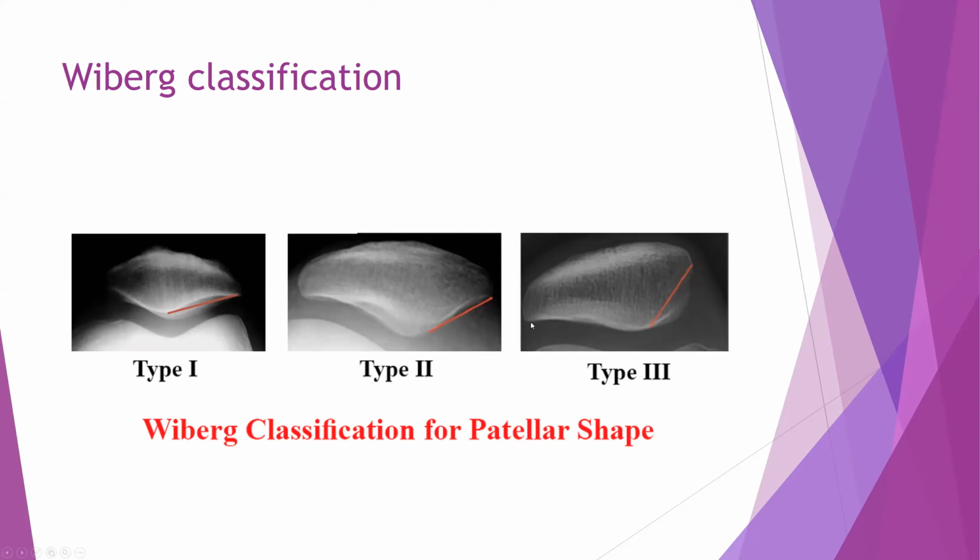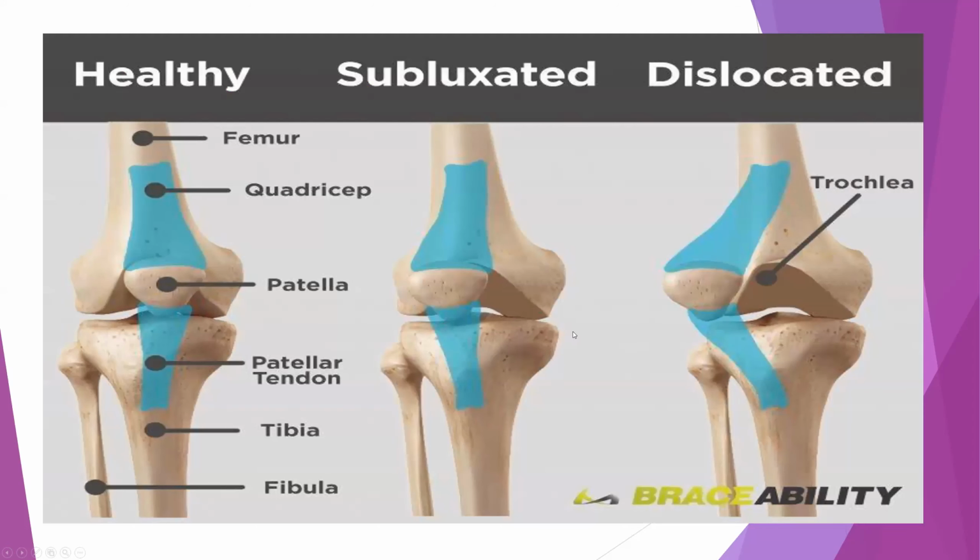And in type 3, the lateral facet is dominant and the medial is atretic and small. This is the normal healthy patellofemoral joint. And here we see the subluxated patella. More commonly, it occurs to the lateral side. And here it is dislocated.